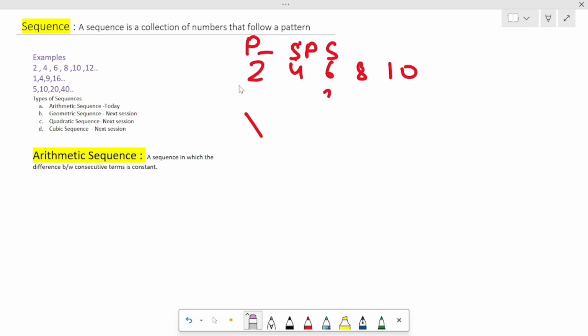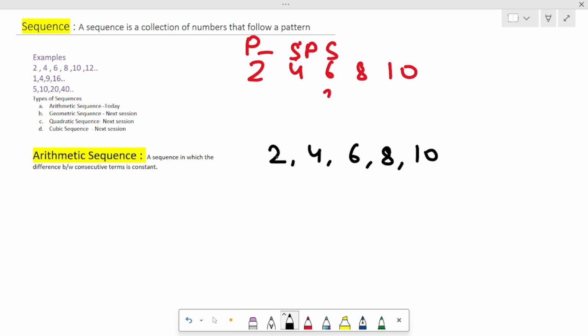So first, if you see the first example, I'm just going to write it again: 2, 4, 6, 8, and 10. First of all, you have to identify what kind of sequence it is. If the difference is always constant between consecutive terms, then we can say it is an arithmetic sequence.